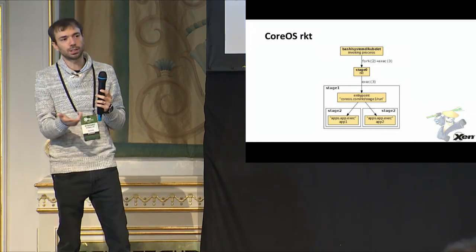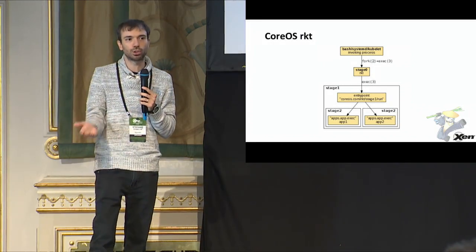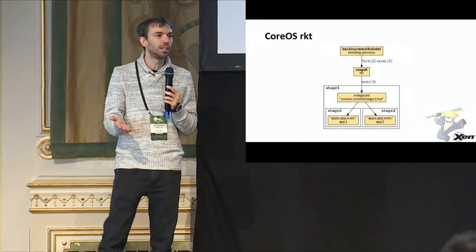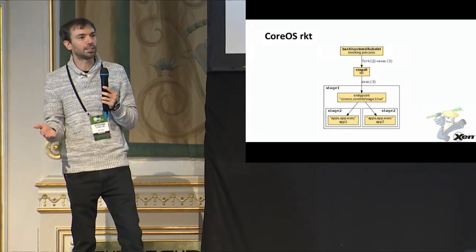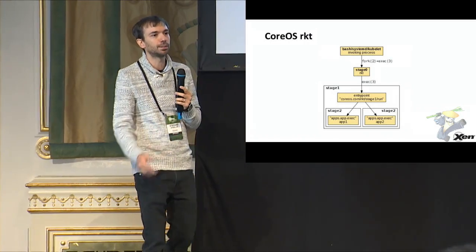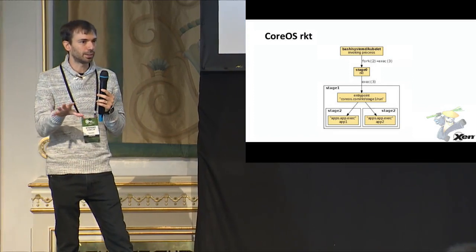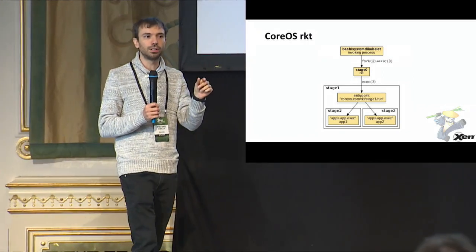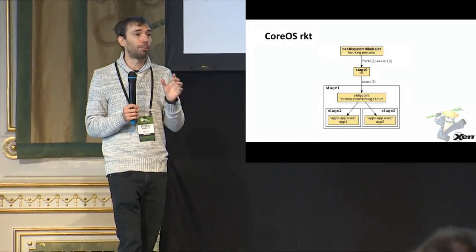Now, these two cloud-native apps, the server and the log parser, obviously need to share some of these namespaces. For example, the log parser needs to access the logs of the NGINX. So they usually share namespaces. And this is why the minimal running unit of Rocket is actually a pod.